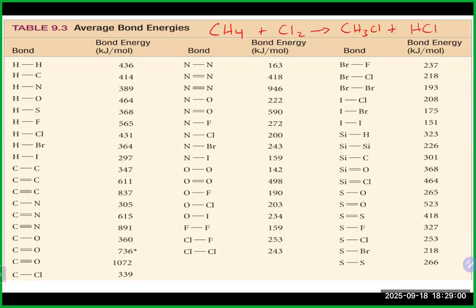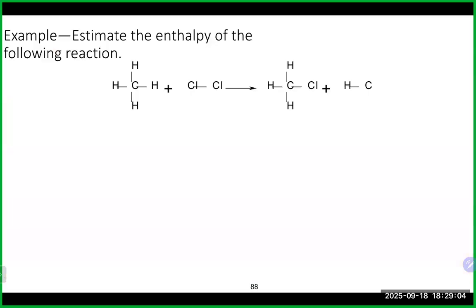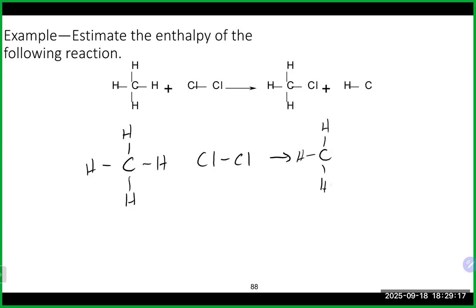So if we take a look at this and we draw it up here, this is sort of what it looks like very badly, so I'll redraw it here. So we have our methane here. We have our chlorine. It's going to go here to this. And we got one of those as well.